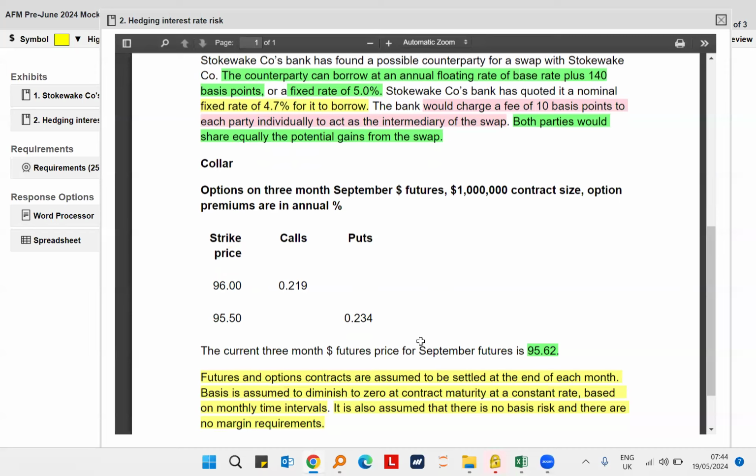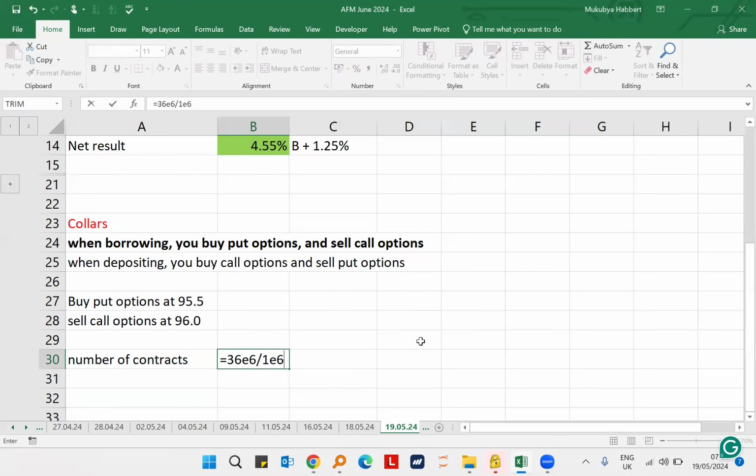Then you multiply it by the period after which you want to borrow, which is 5 months, but divide by 3, because each of these options is a 3-month option.